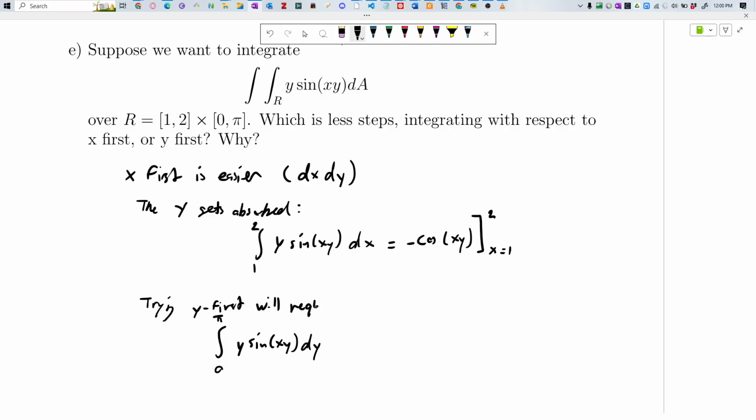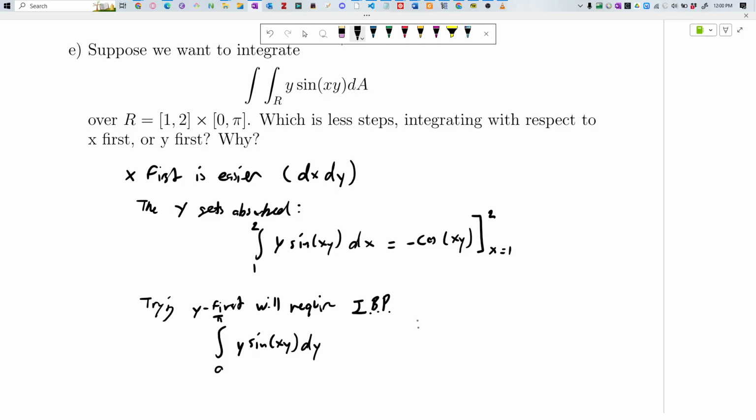If we just look at y, this is a product of two functions involving y, right? The function y and the function sine of xy. So if we were to integrate this with respect to y, this would require integration by parts, which I'm going to just abbreviate here. Which is certainly more difficult.